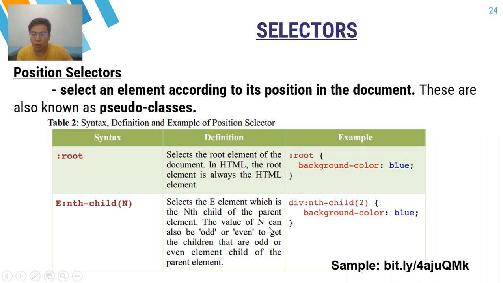The value of n can also be odd or even to get the children that are odd or even element children of the parent element. Let's take a look at this example. We have here div:nth-child(2). It means that the second div in your code will have a background color blue. So that is the position selector.